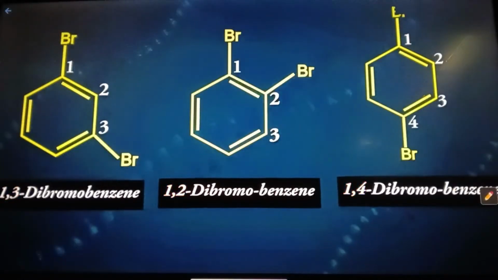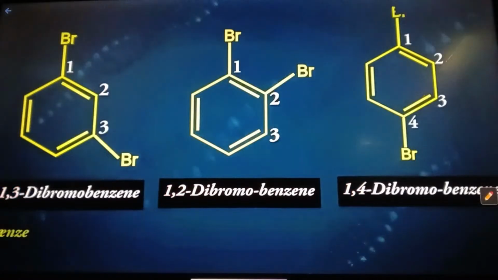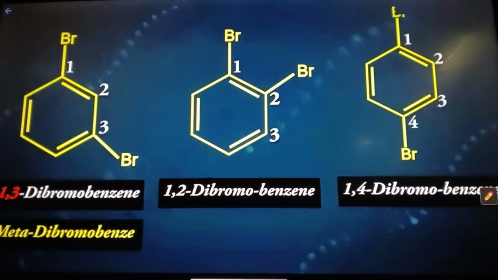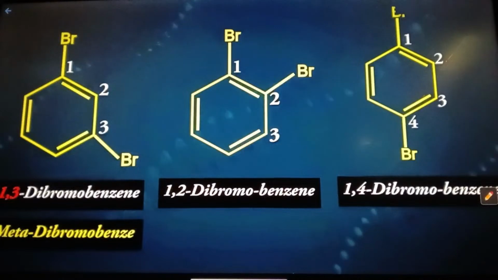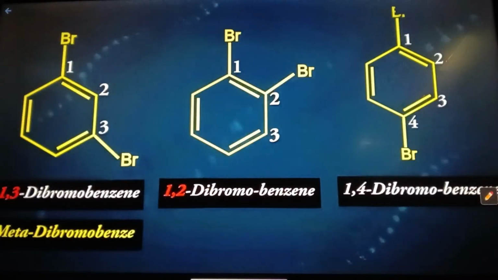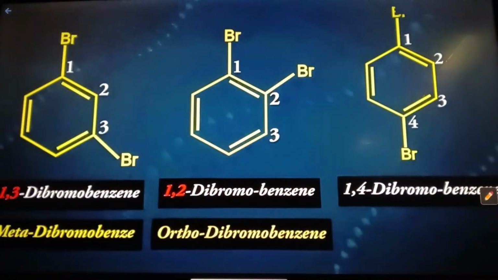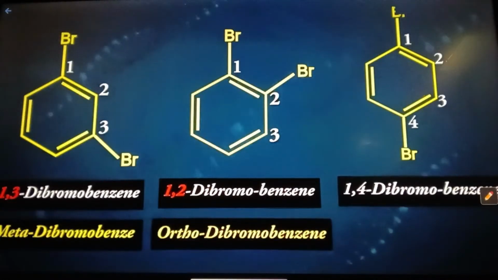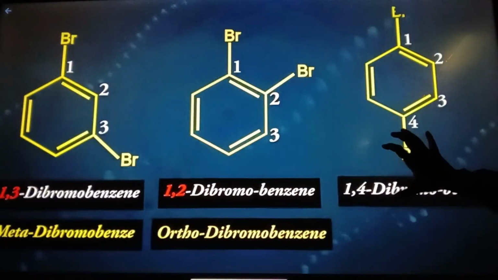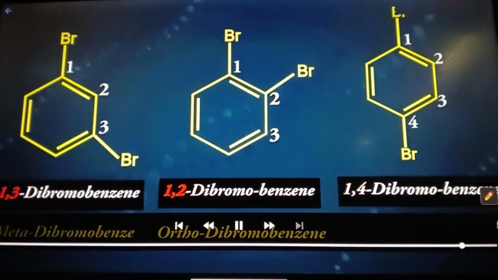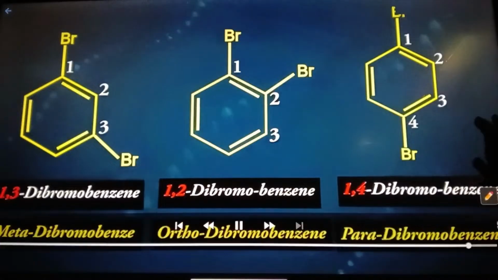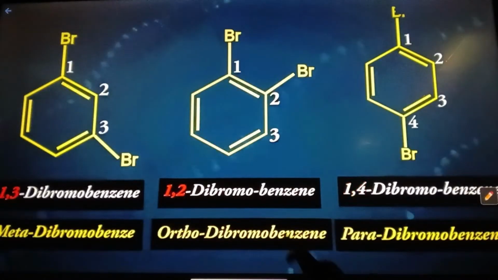Thus, 1,3-dibromobenzene is named as meta-dibromobenzene. Similarly, 1,2-dibromobenzene is named as ortho-dibromobenzene. And 1,4-dibromobenzene is named as para-dibromobenzene, respectively.